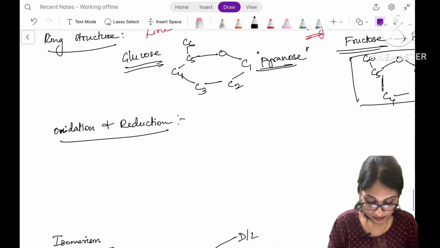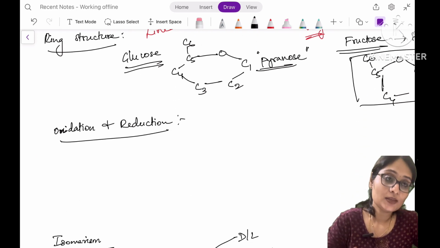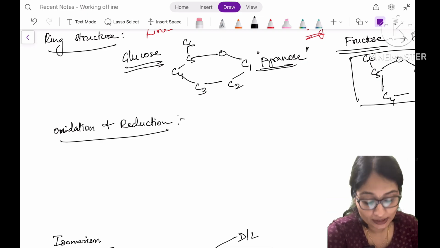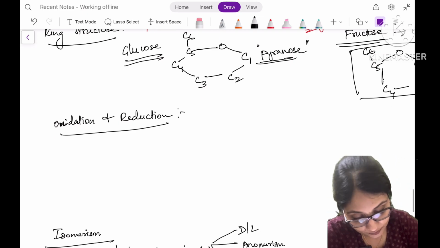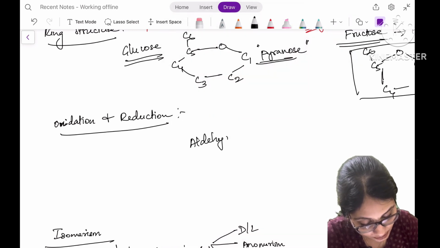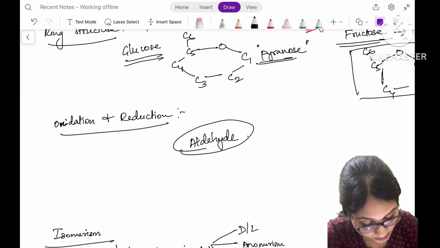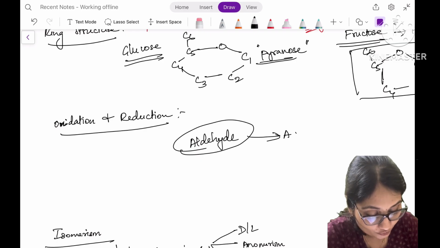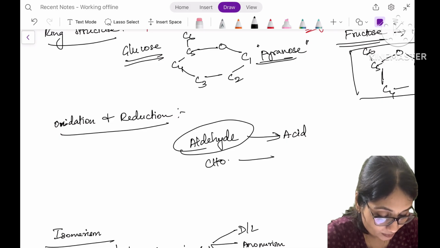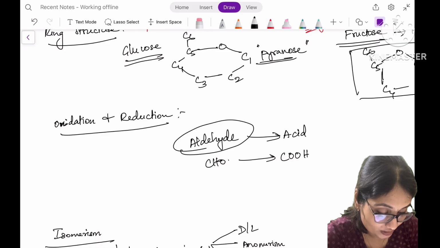Now let's look at oxidation and reduction. Basically I told you these are aldehyde and keto derivatives of polyhydroxy alcohol. So what we are looking at now is an aldehyde. If this aldehyde gets oxidized, it results in the formation of an acid. We have CHO; if it gets oxidized, one more oxygen gets added, so this becomes COOH.